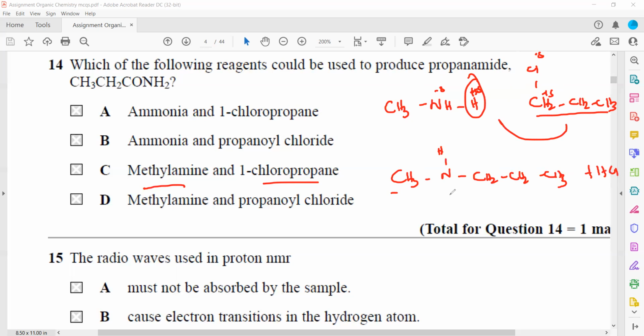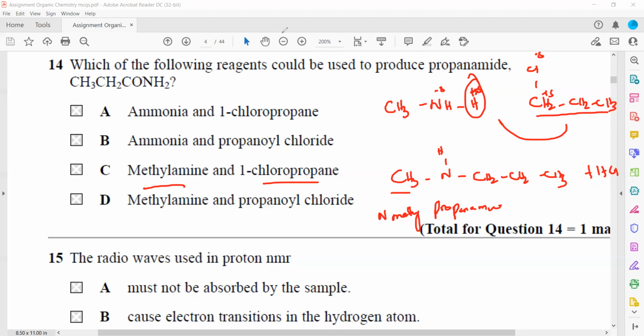So what is the name of this product? It is N-methyl. Because a methyl group is attached to nitrogen, that's why we call it N-methyl, and 1, 2, 3 are there. So it will be propanamine. So it is N-methylpropanamine, but not the desired product which we want.